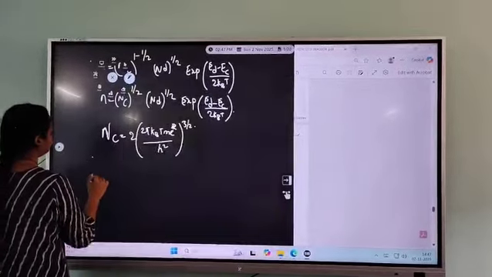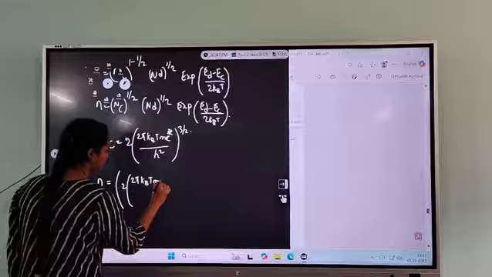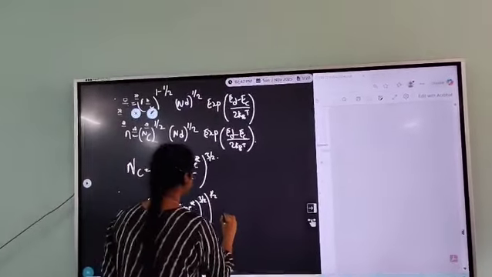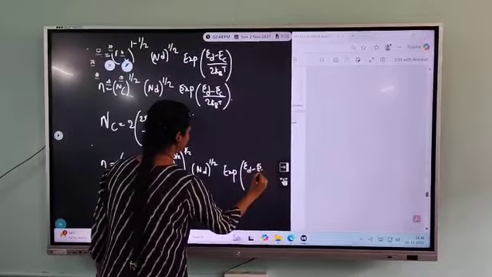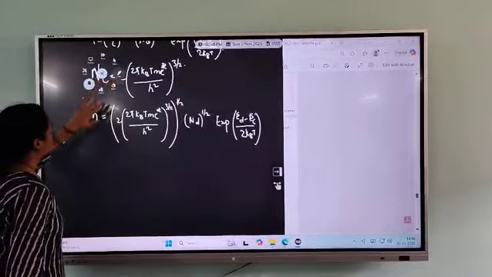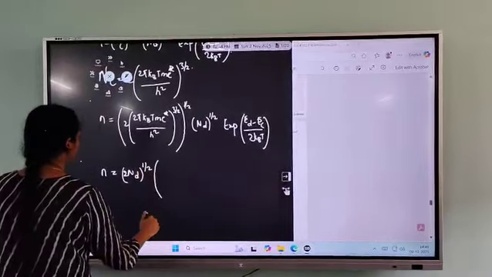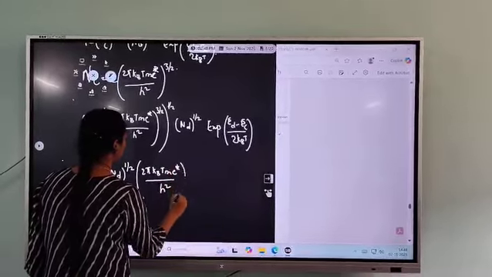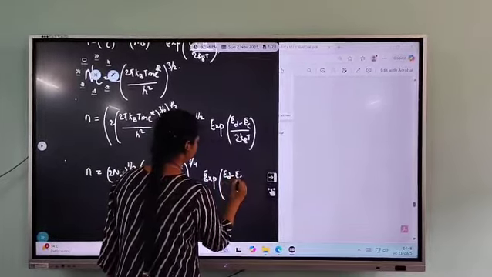Then we get n is equal to 2 Nd whole power 1 by 2, 2 pi kBT m_e star by h square whole power 3 by 4, exponential of Ed minus Ec by 2kBT.